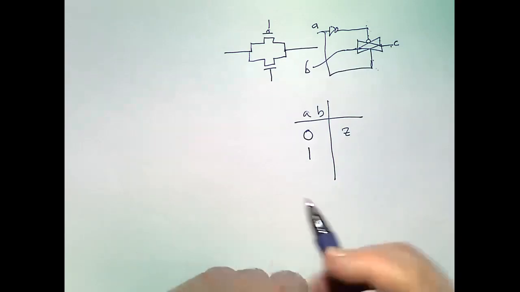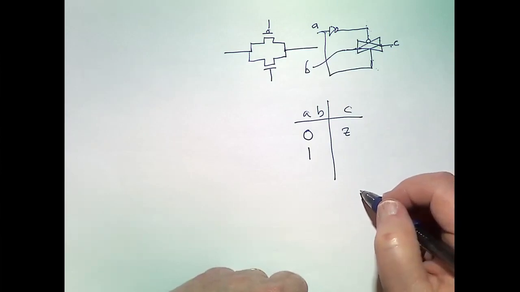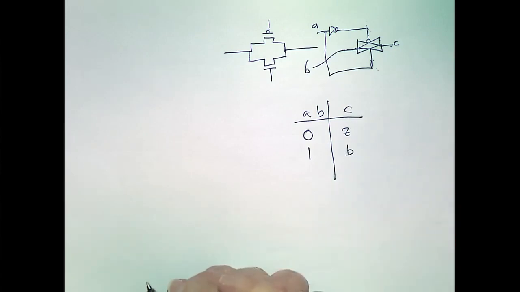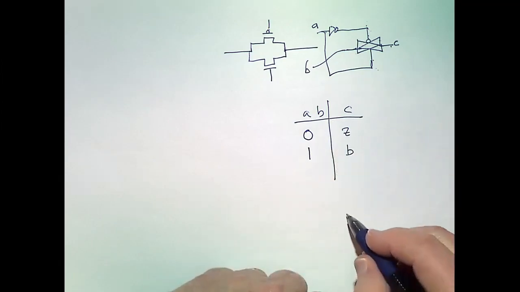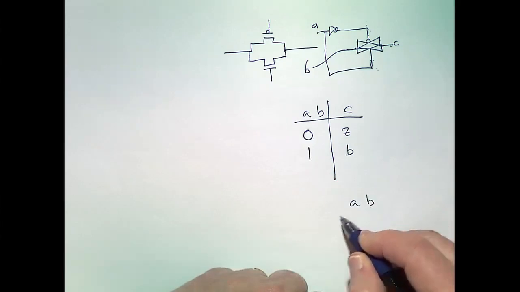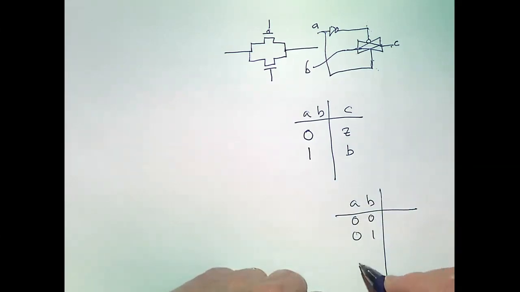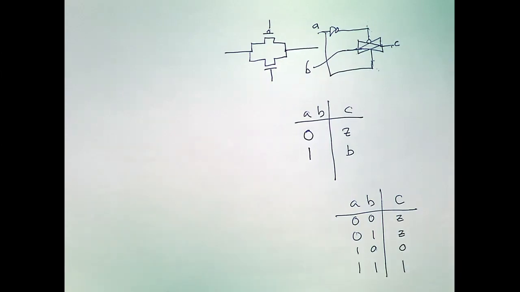So C is whatever B is. Or we could write it this way. If we want a full truth table, you could say 0, 0, 0, 1, 1, 1, 0, 1, and C is Z in these two cases, and in these two cases, it's whatever B is.